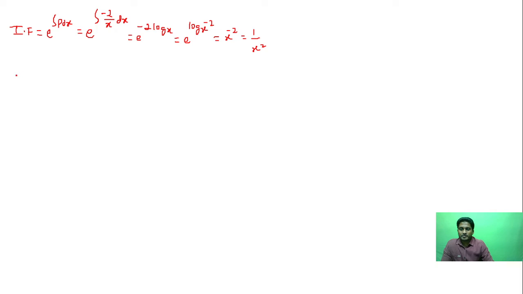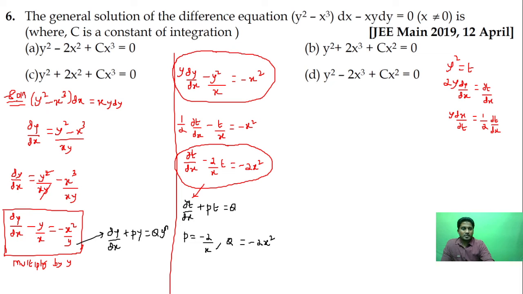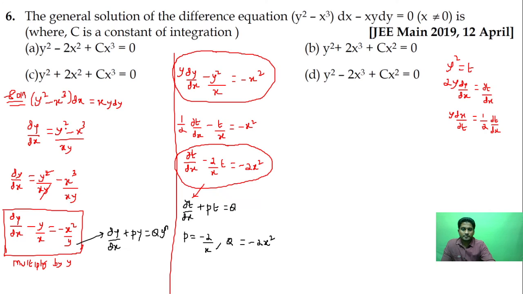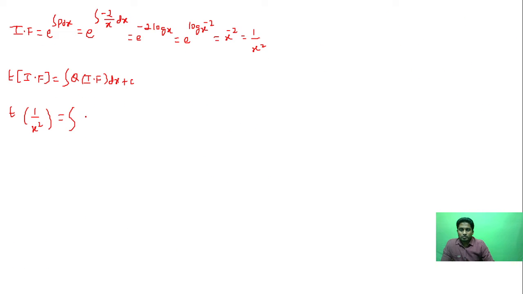Now the solution will be t into integrating factor is equal to integral of q into integrating factor dx plus c. So t into IF is t times 1 by x square, which is equal to the integral of minus 2x square into 1 by x square dx plus c.